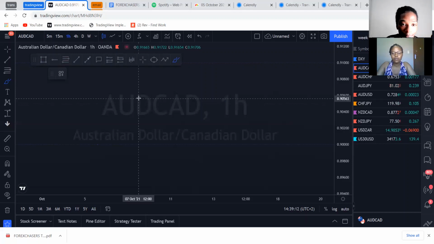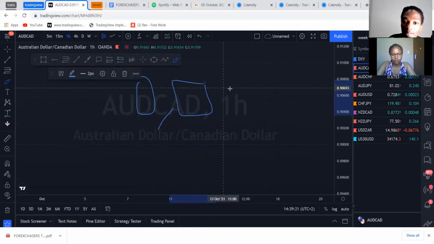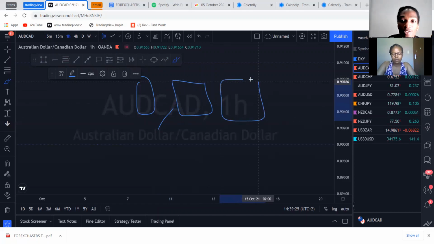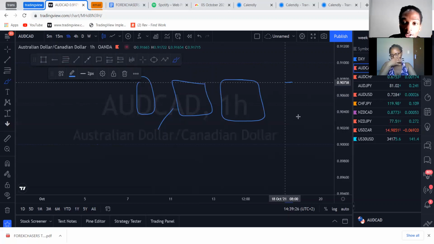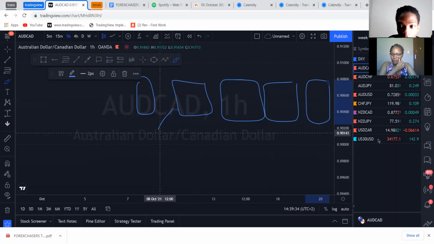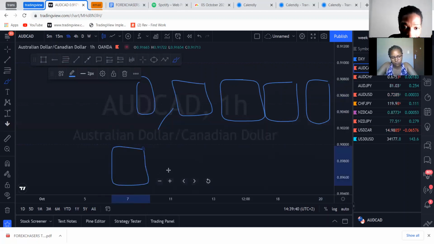Some currencies have one digit, followed by a decimal point and then four other digits. Some have five, but on my TradingView the fifth digit is small, so we don't really consider it. JPY pairs differ. Any pair with JPY has only a number before the decimal point, and after it we only have three digits.